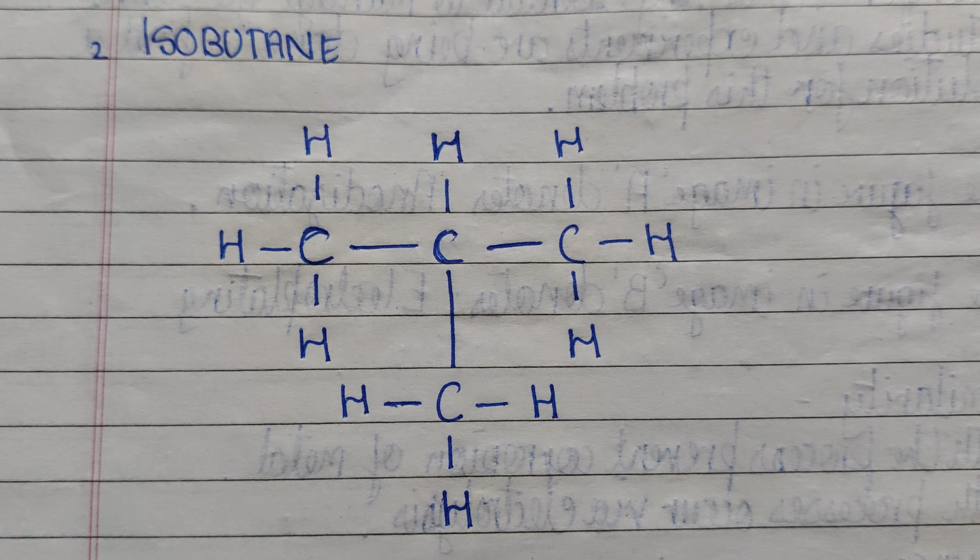The incident ray, refracted ray, and normal are in the same plane. For a given pair of media, the ratio of sin i to sin r is a constant. i is the angle of incidence and r is the angle of refraction.